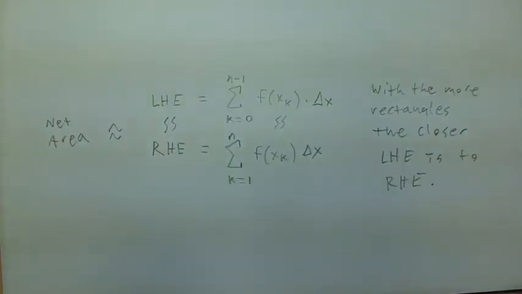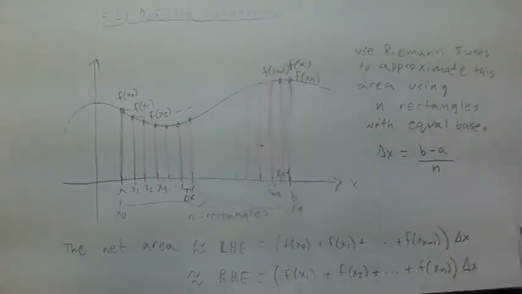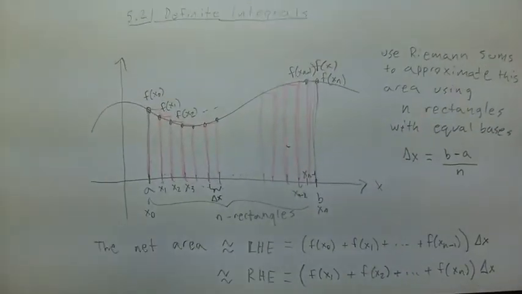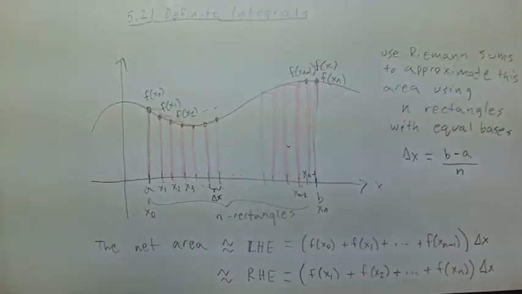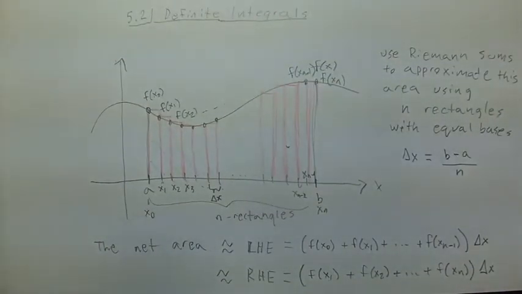So what we're basically going to do is look at these expressions, and we're going to have to take my word on some of this. We're not going to prove anything, but we're going to let the number of rectangles go to infinity.